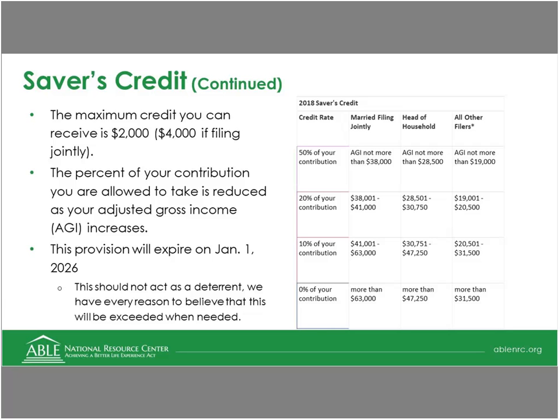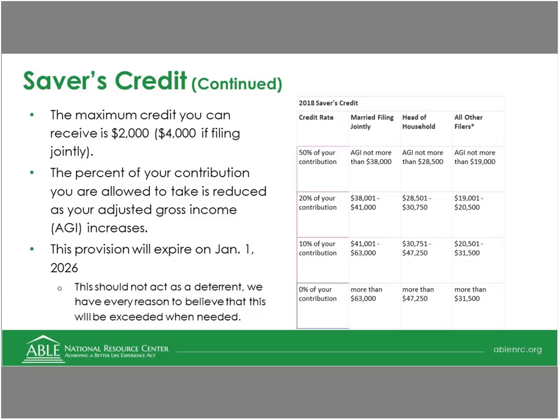So let's do a very quick example. Let's say that you're an ABLE account owner and you have a job and you make $20,000 a year, and throughout the entire year, you're able to put $2,000 into your ABLE account. Now, when it comes time to pay taxes, you're interested in the Savers Credit because now you're eligible for it.